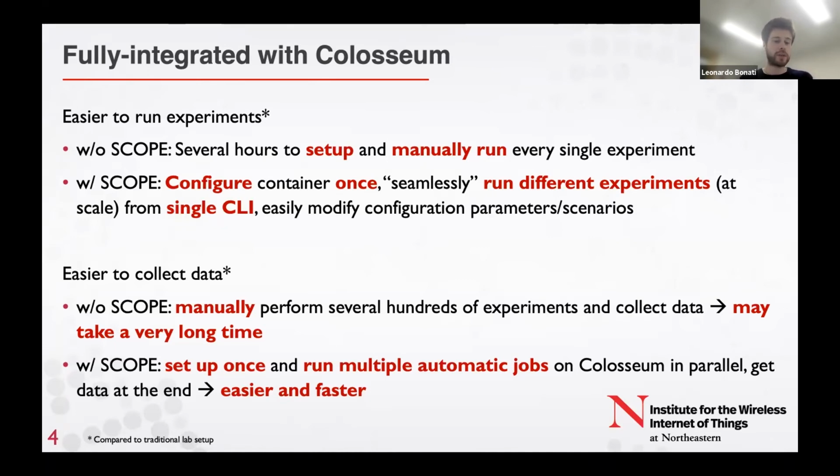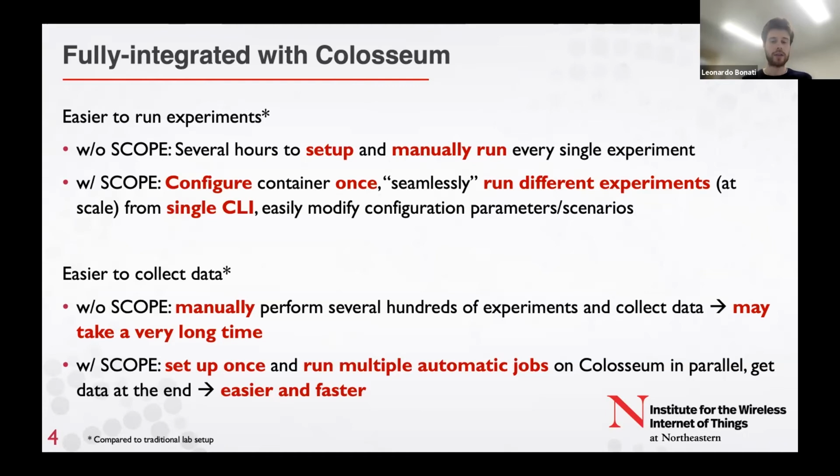On the other hand, running this in Colosseum, once you set up your container once, you can run multiple automatic jobs. These jobs can collect data autonomously. So you log into the Colosseum website, and you put in the queue several jobs that you pre-configured, and these jobs run based on resource availability. But usually they start running in a matter of minutes after you schedule the job.